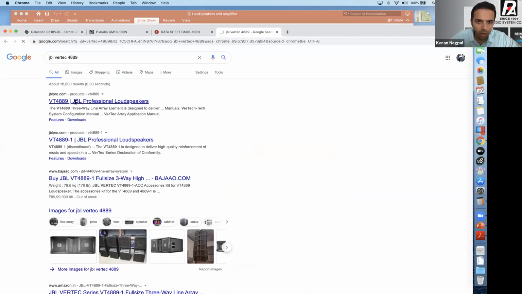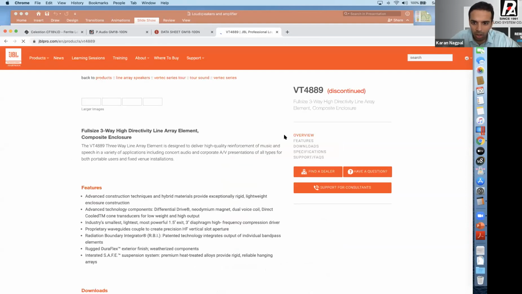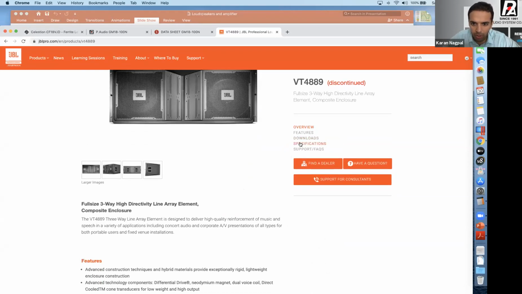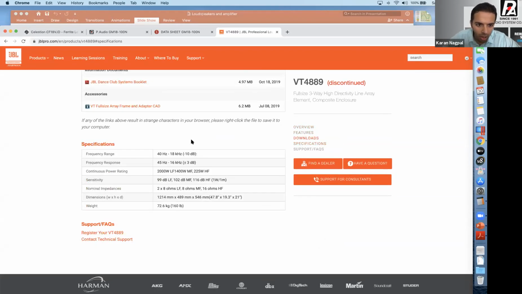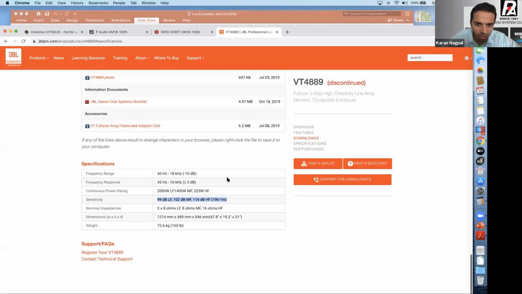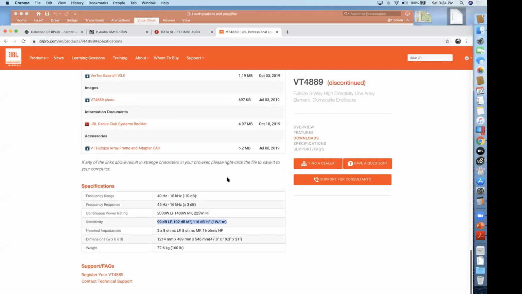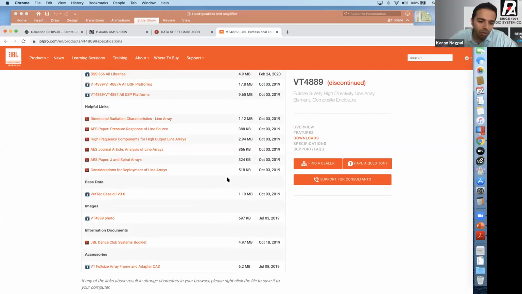And if I look at the specification sheet, where is the specification sheet? Download specifications. So you can see it's written here 99 dB on the LF, 102 dB on the MF, and 116 at the HF. And so they usually mention a good figure of each thing.